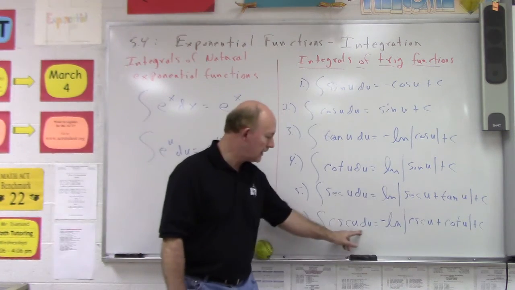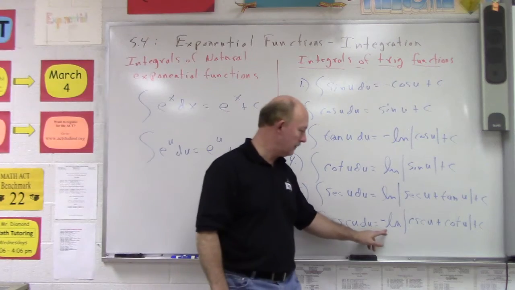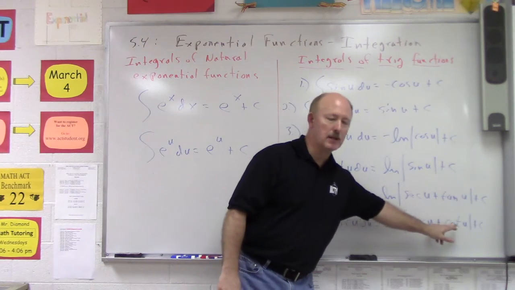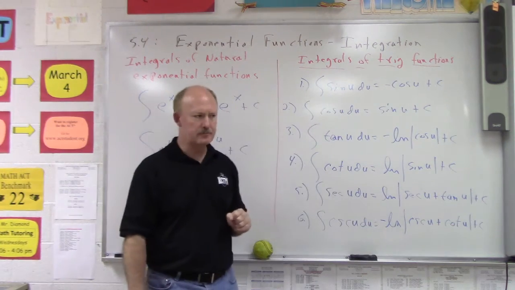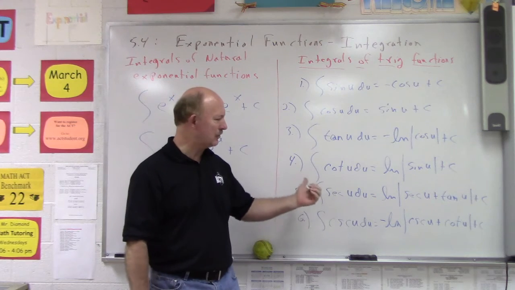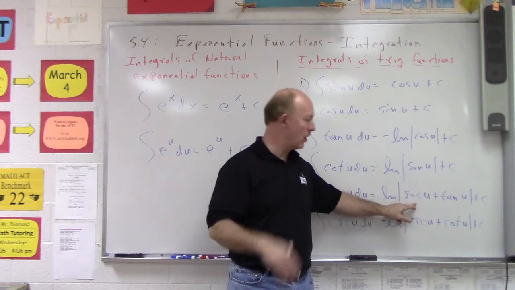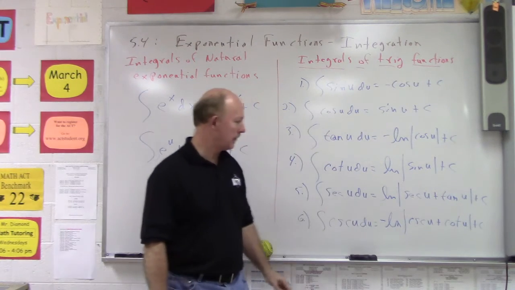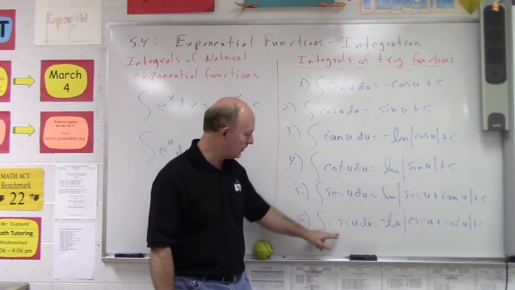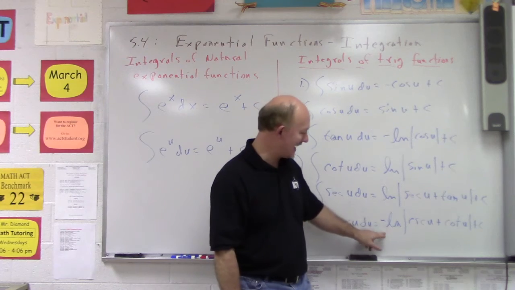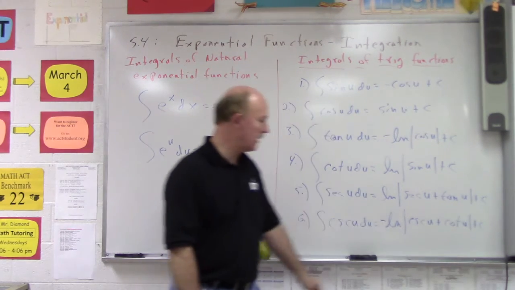The cosecant is negative, once again, cosecant plus cotangent. That makes it a little easier to memorize. So the antiderivative of secant is natural log of secant u plus tangent u, and the antiderivative of cosecant u du is negative natural log of cosecant u plus cotangent u.